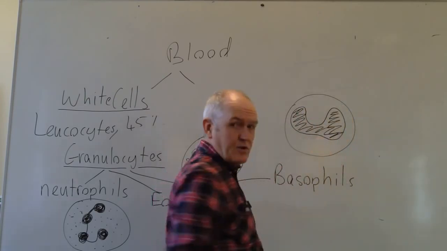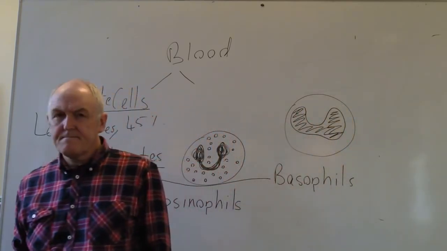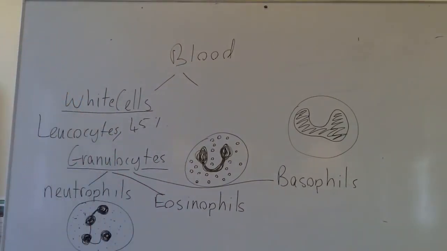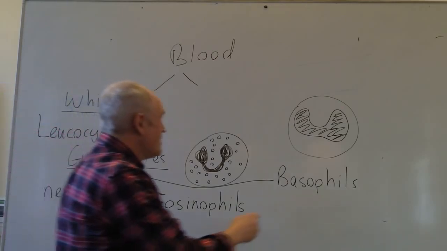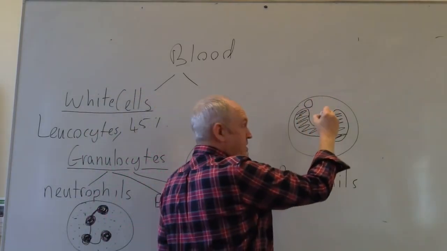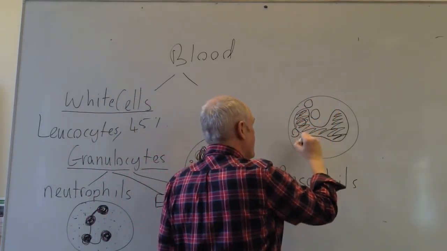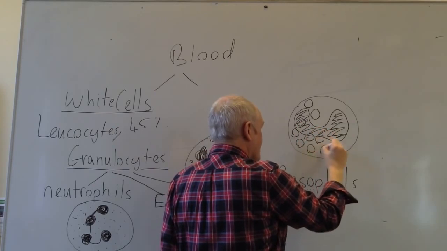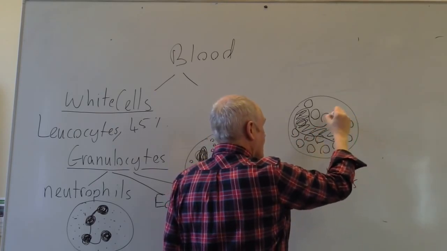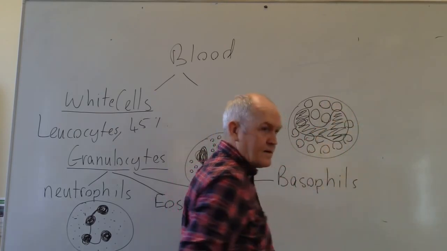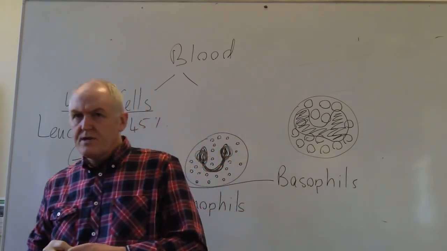So it's basically a two-lobe nucleus that's joined together in a basophil. Very strange nuclei, these granulocytes, haven't they? But if you actually look at a basophil under a light microscope, you can't see the nucleus because there are so many huge granules all over the place. So basophils have huge granules.